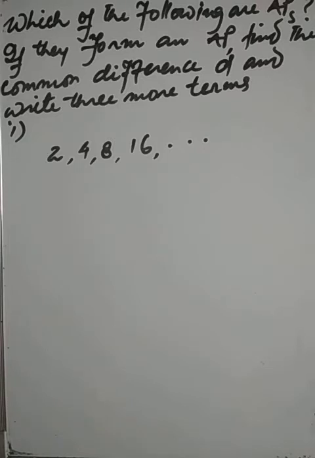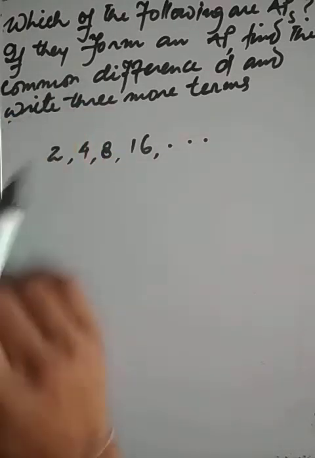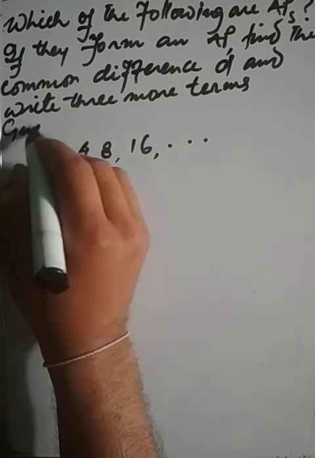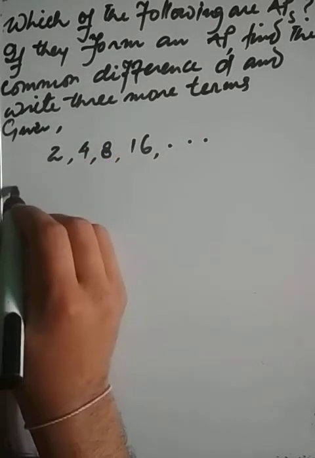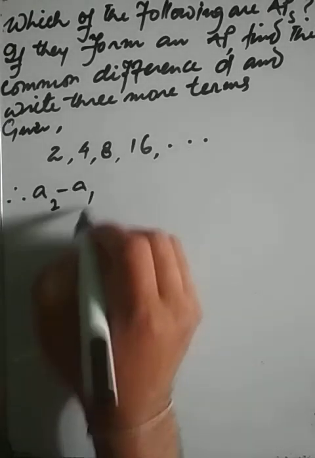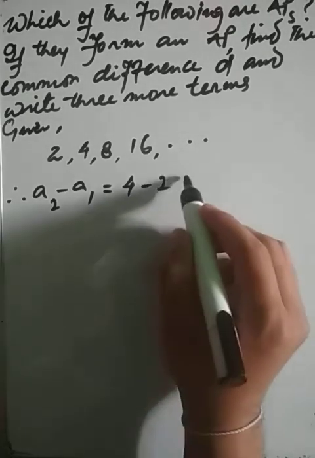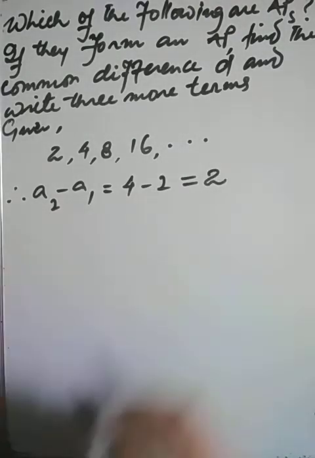So for that, we will check by finding the common difference. So I'll start the solution directly here, given. Therefore, second term minus first term. Here 4 minus 2, we get 2.